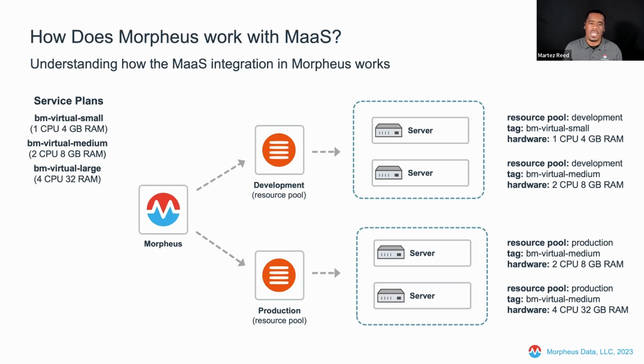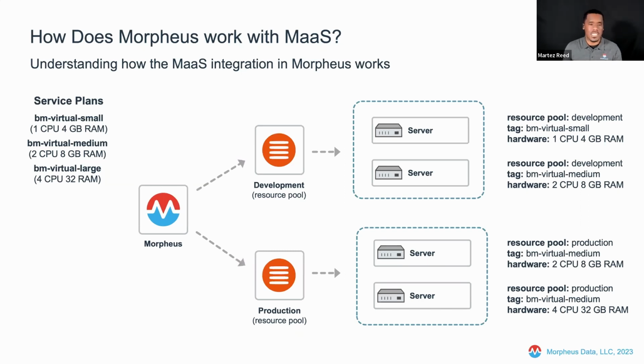In this case, it's development and production. I may delineate them based upon certain hardware or the age of the servers, saying I want these carved off for this purpose, and these other ones for this other purpose.